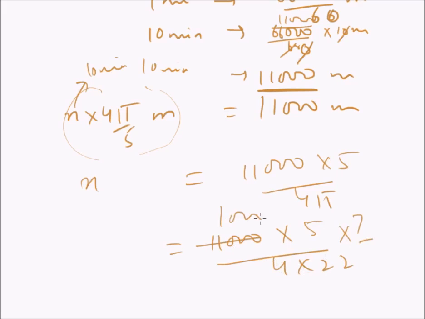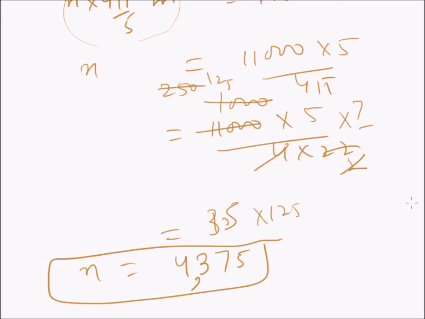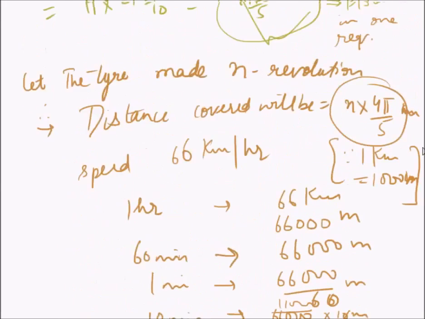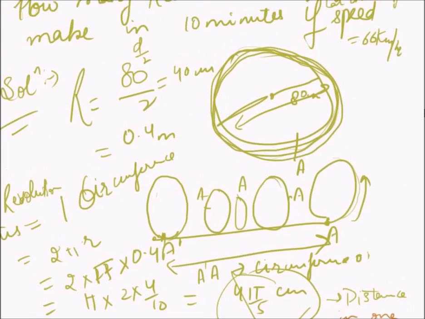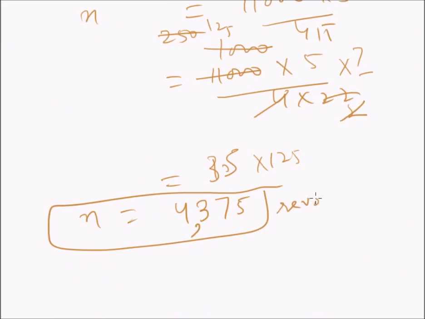On cancelling, we have 7 5s are 35 into 125, which is 4375. So each tire of the car has made 4,375 revolutions.